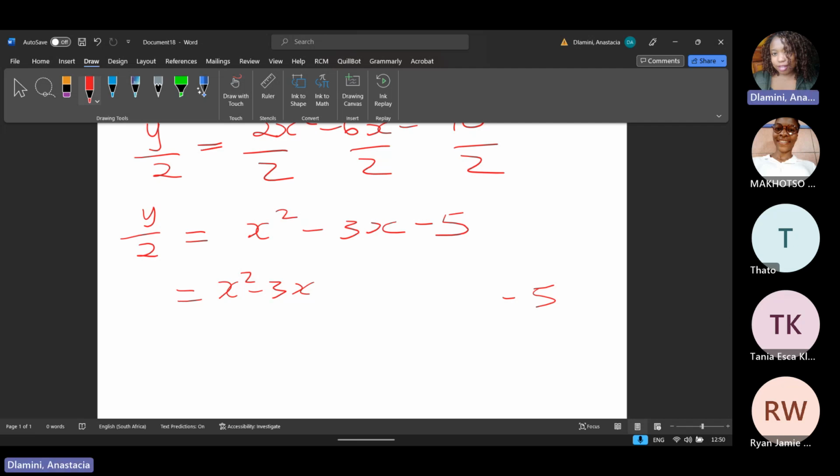The reason it's mathematically correct is that if you give me 2 rand and you take 2 rand, and you tell me I have 2 rand, I have nothing. So that's why you add that value and subtract it, so that it is mathematically correct.